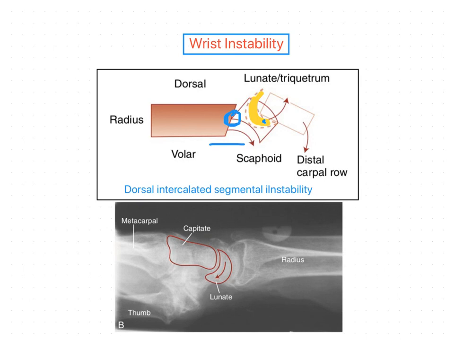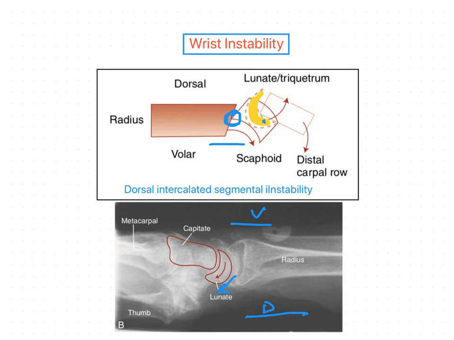Okay, so in this X-ray you can see that there is a dorsal tilt of the lunate. So this is the dorsal tilt. This is the dorsal aspect and this is the volar aspect. This is volar and this one is dorsal.